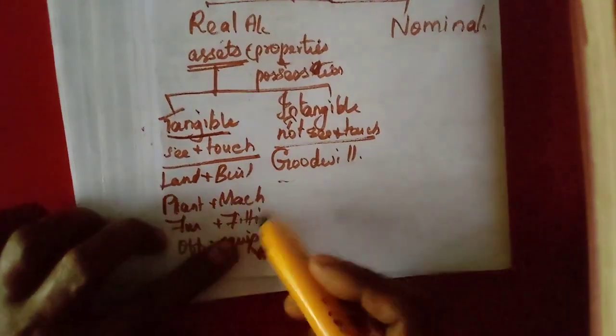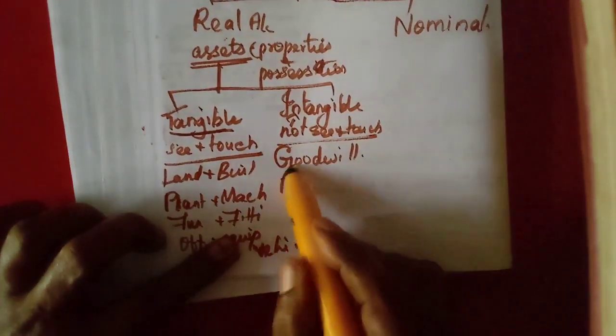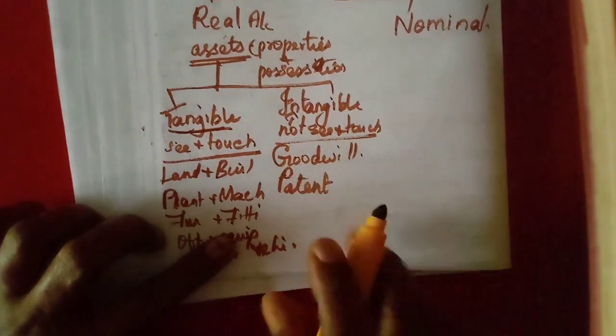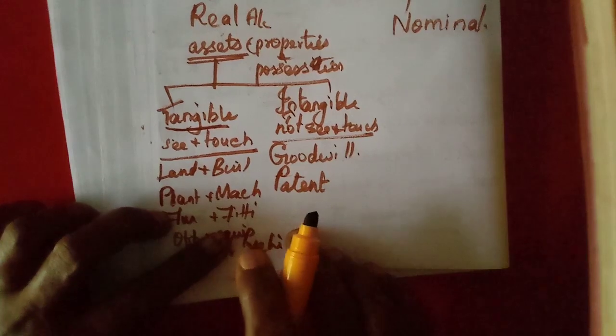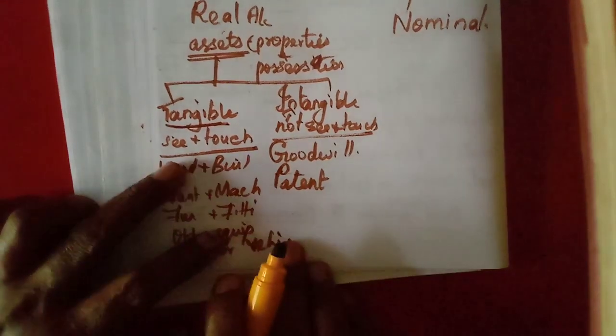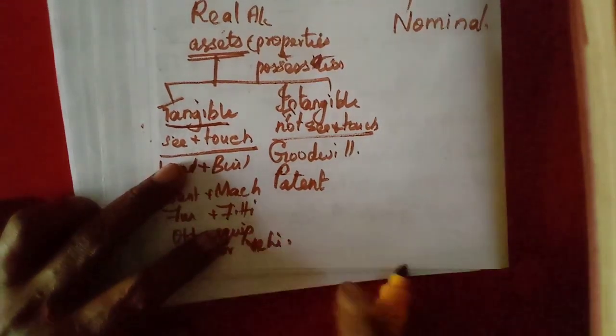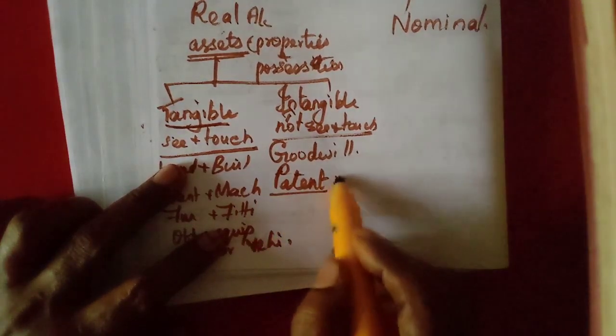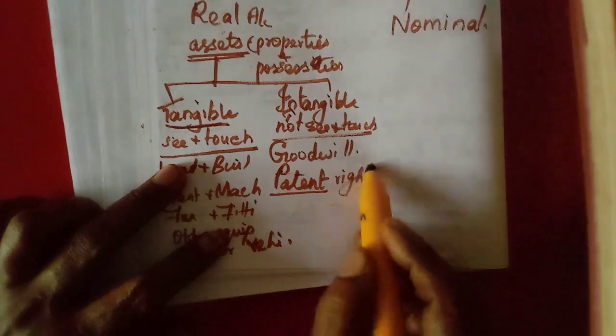Then patent. If a person discovers something, or if he has invented something, then he will have that patent right for that product.